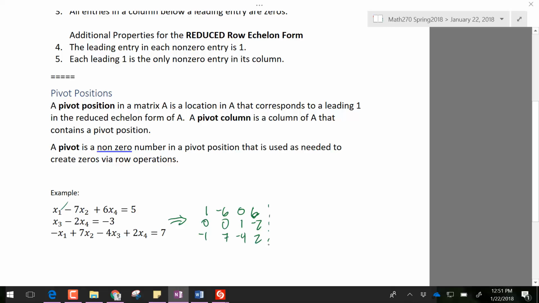So this is the matrix of coefficients for our system, and then we want to augment that with the last column that would be the right-hand side of the system. And so in our last column, we have a 5, a -3, and 7. So this is our matrix.